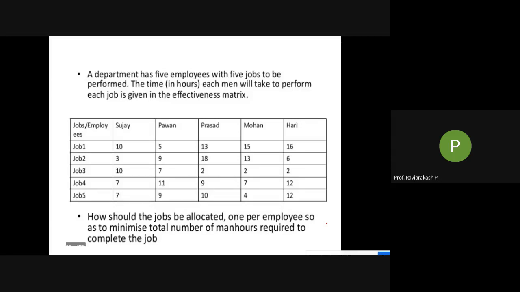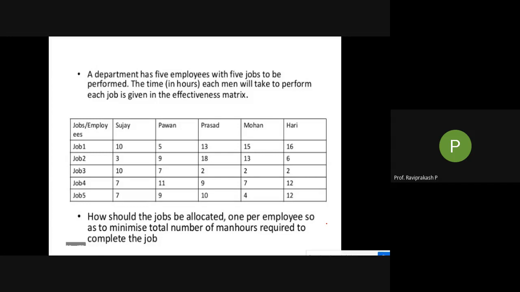The time, in brackets in hours, each man will take to perform each job is given in the effectiveness matrix.